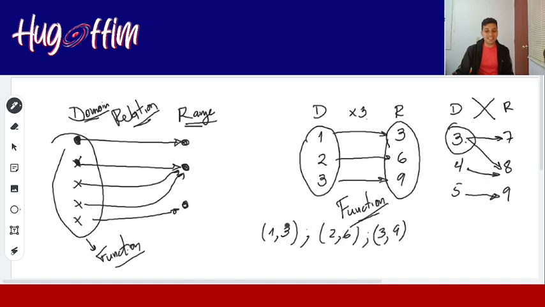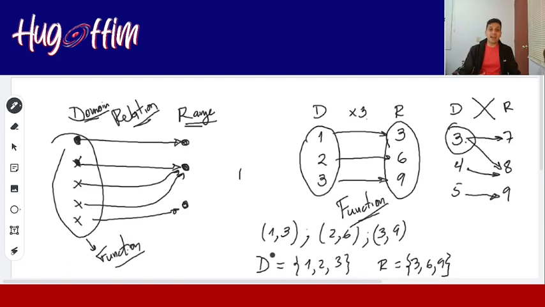Now, in this case, the domain is the set 1, 2, 3, and the range is the set 3, 6, 9. This is something that we can do when we have the information of the domain and the range.